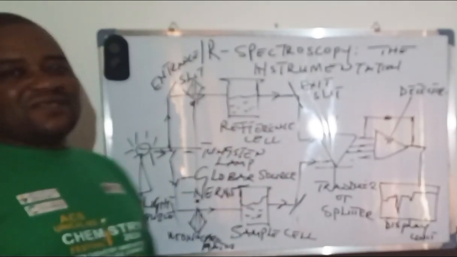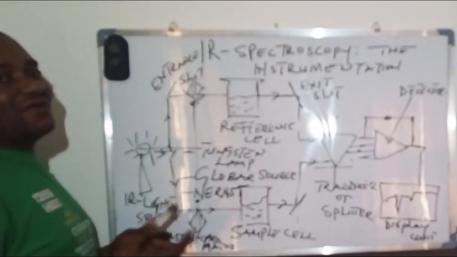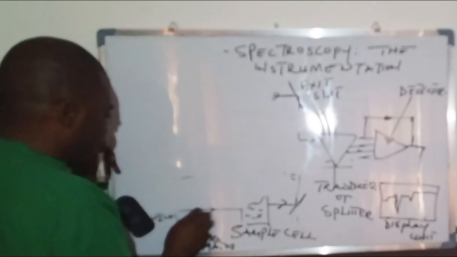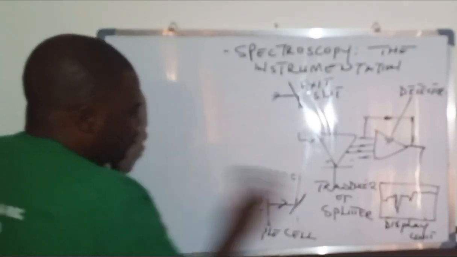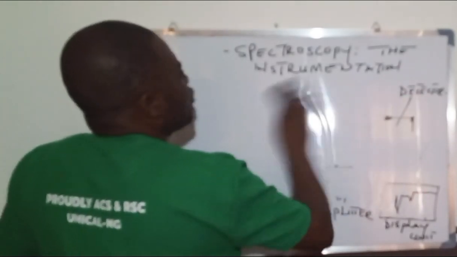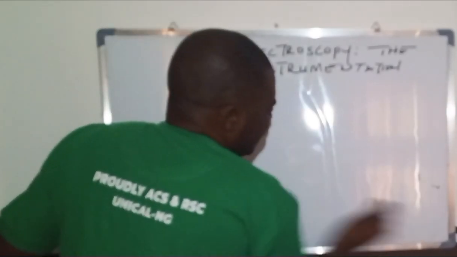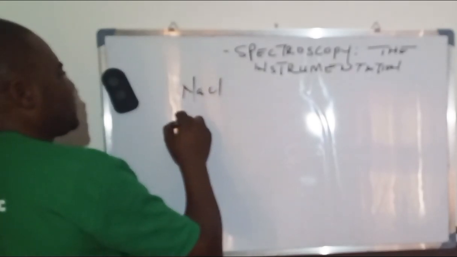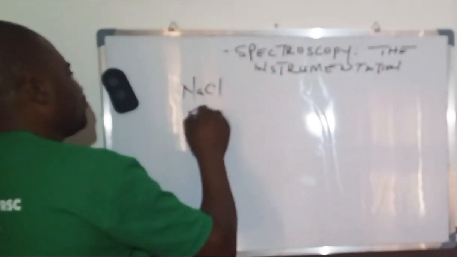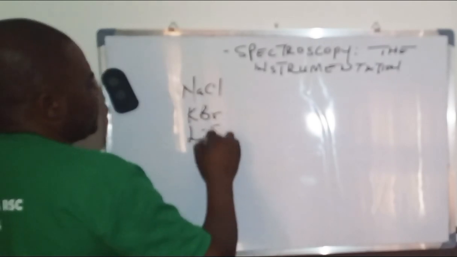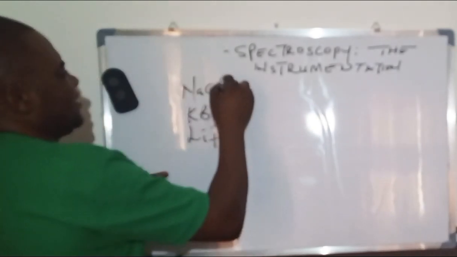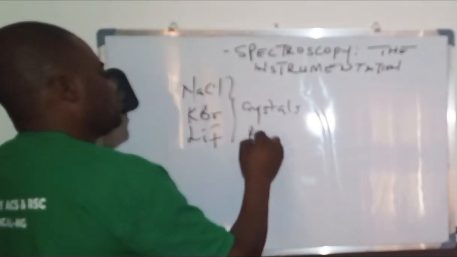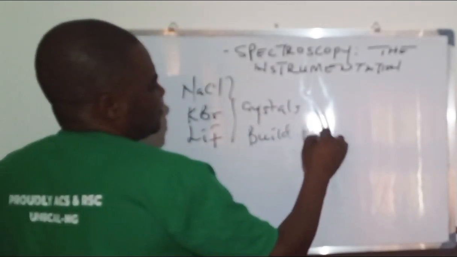Crystals of halogen salts. Examples of these crystals of halogen salts are sodium chloride. Sodium chloride crystals are very good source of monochromators if you are building them for the prism. Okay, so you have crystals of sodium chloride, you have crystals of potassium bromide, you have also crystals of lithium fluoride, and all these crystals are used to build prisms.